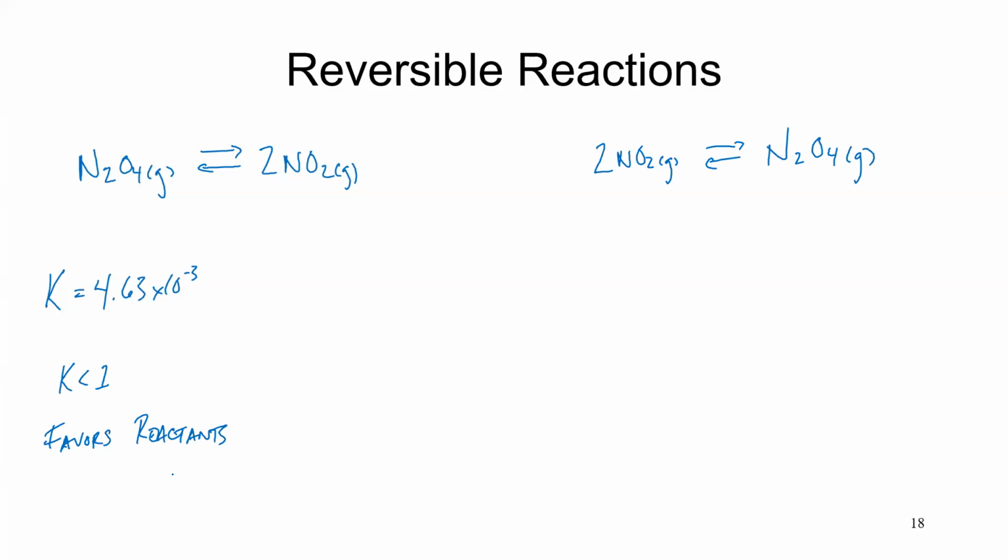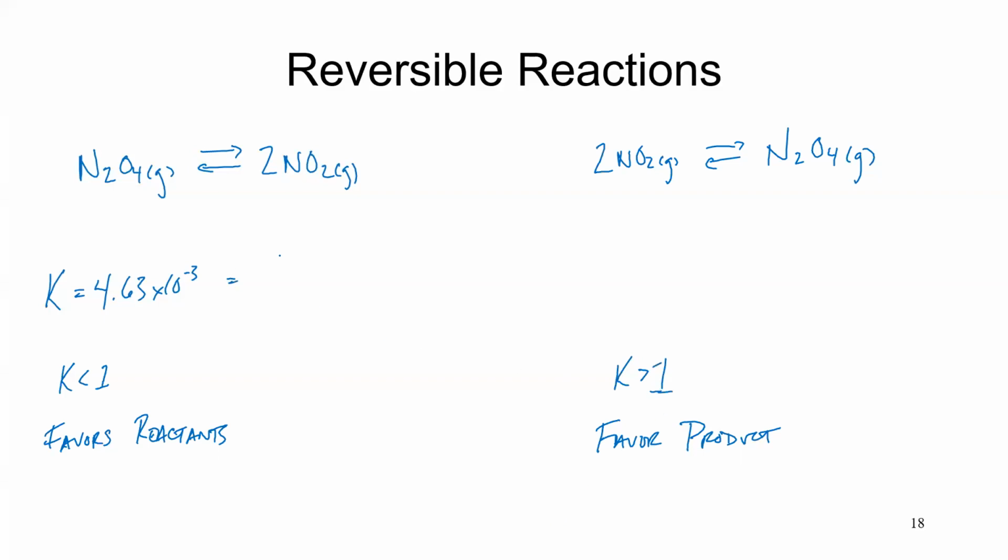Okay. And so you can imagine that if we flip it, in other words, it favors N2O4. If we flip it, it's still going to favor N2O4. And so here it must favor the product, which means K has to be greater than 1. But how do we find K?